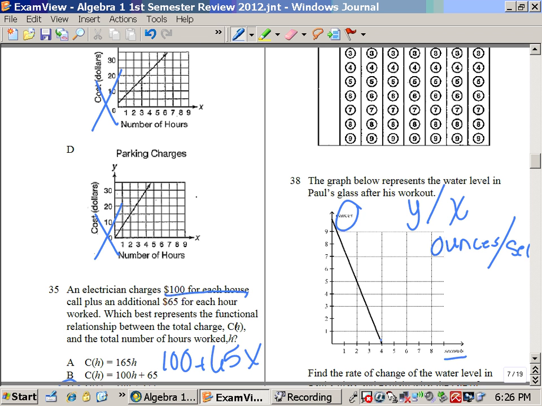So starting here, that's 1, 2, 3, 4, 5 over 2. Okay, so that's 5 ounces for every 2 seconds. You also could say 2.5 ounces per second.